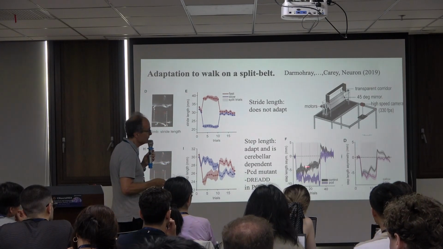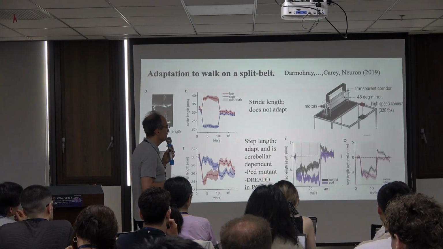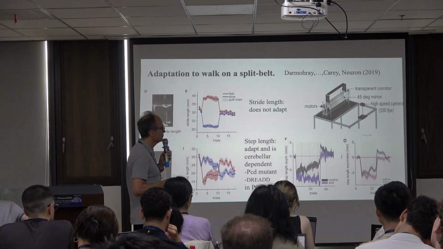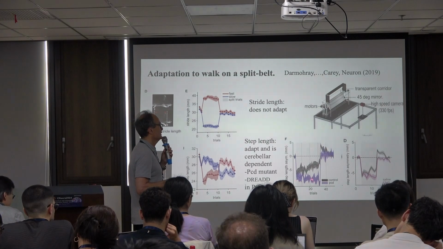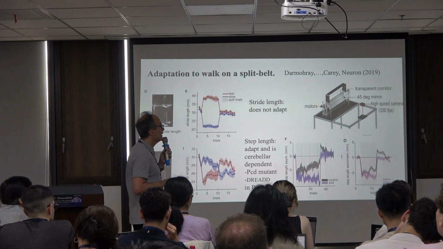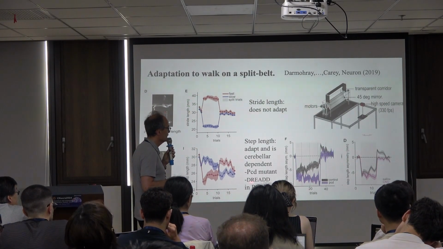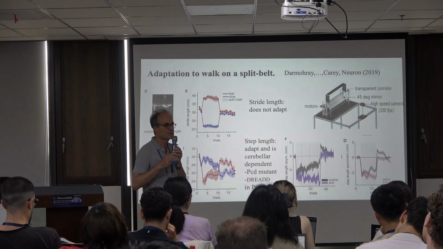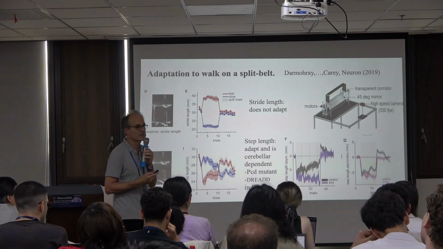In this lab, they could show that this is cerebellum dependent. Again, if you have the same mutant that I showed, you don't have this adaptation. Now you can use a chemogenetic approach and try to inhibit different parts of the cerebellum.